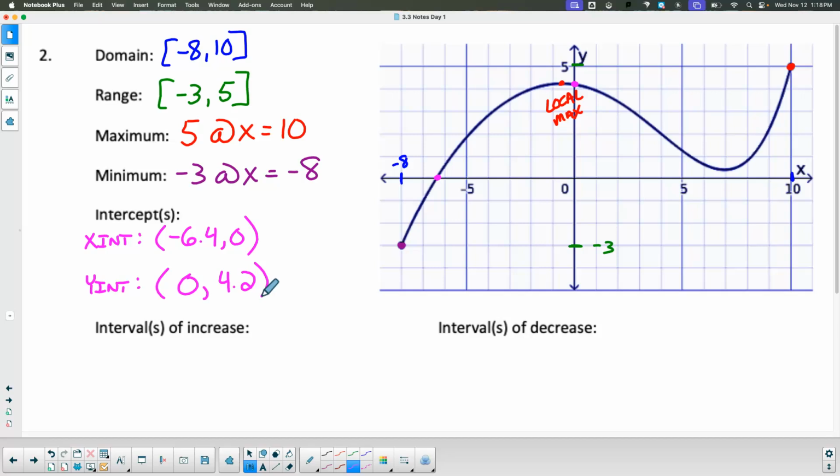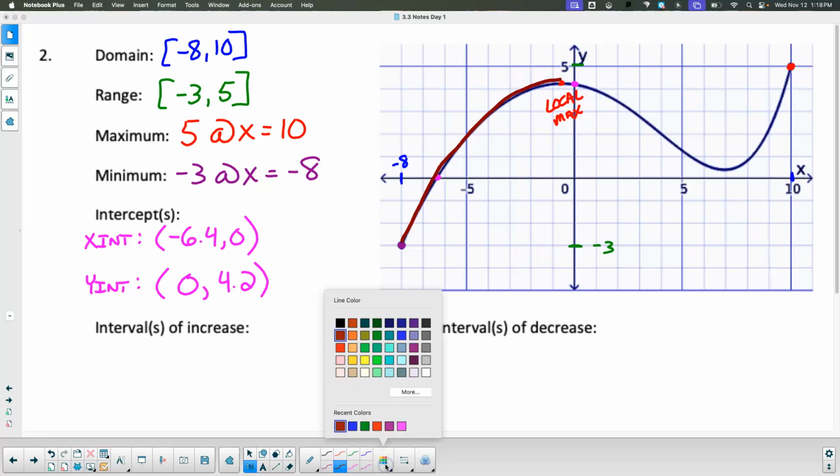Okay? So let's start on the left side. If I start on the left side, what is the function doing here? Increasing. Still increasing. Stop right there. Okay. Then what happens to my function?